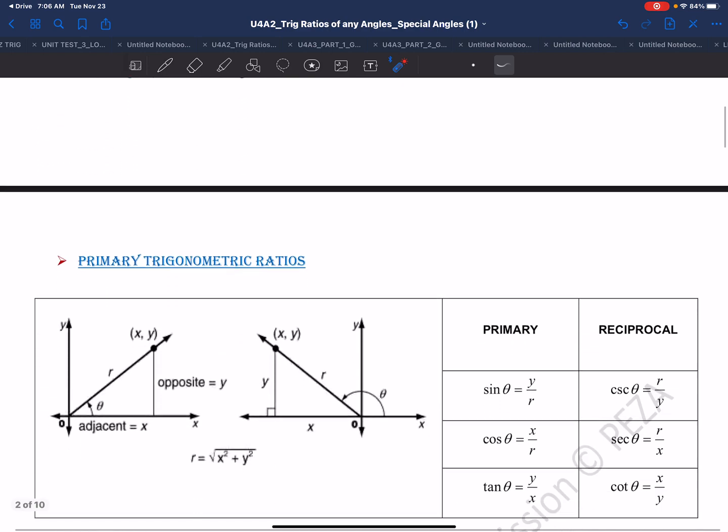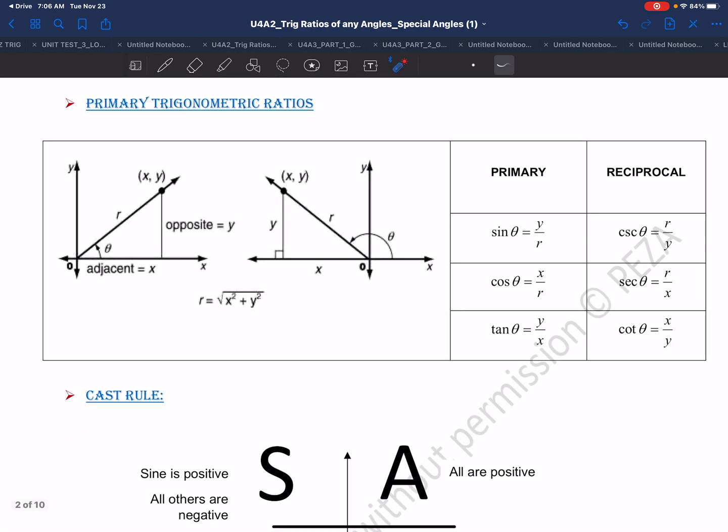Now, let's take a look at primary trig ratios and reciprocal trig ratios. Remember that once angles are placed on the Cartesian plane, we need to place them in standard position in order to analyze them, which means that the initial arm must be on the positive x-axis, terminal arm anywhere around it.